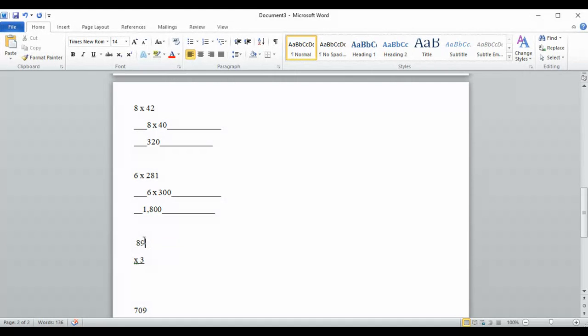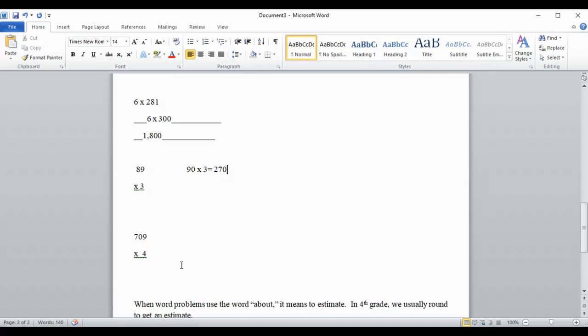So 89, is that closer to 80, or should we bump it up to 90 if we're rounding it? Well, I hope you said we need to bump it up to 90, and it's going to be 90 times 3. Let's find the math fact. What is 9 times 3? 9 times 3 is 27, and add 1 zero.